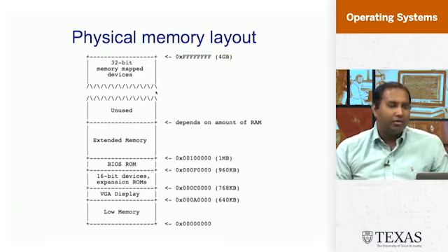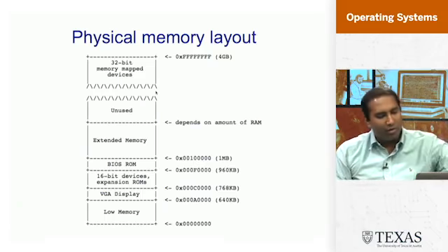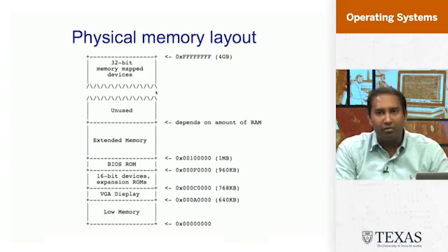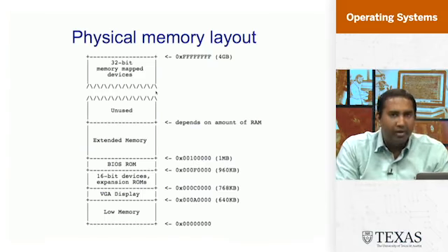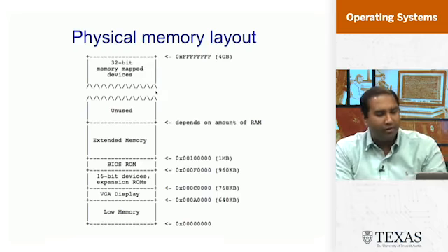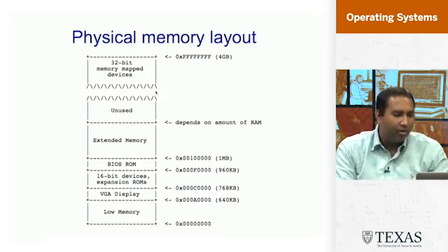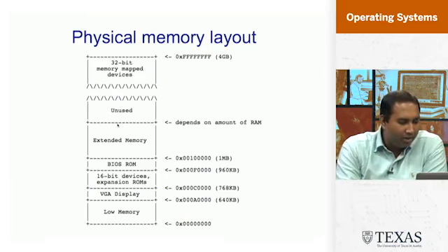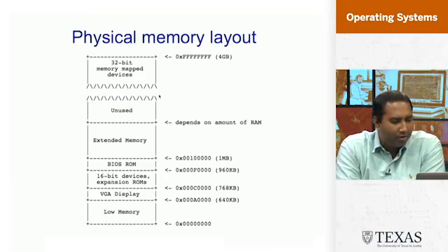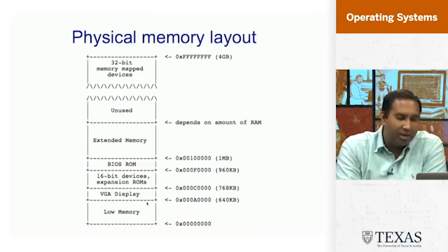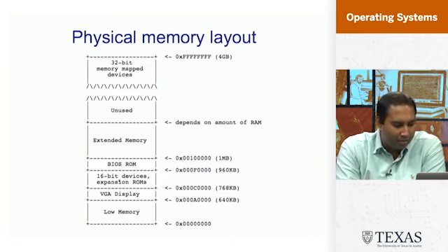If you look at this slide, what it's showing is how you actually use the memory of your device. In this particular case, there's 4 gigs of memory, and this figure shows how you actually use it. If you look at it, there's the slot of stuff like, for example, your VGA display for a number of devices, your BIOS, and then there's extended memory, and then you have a bunch of stuff.